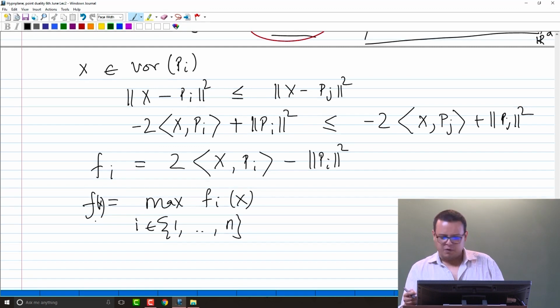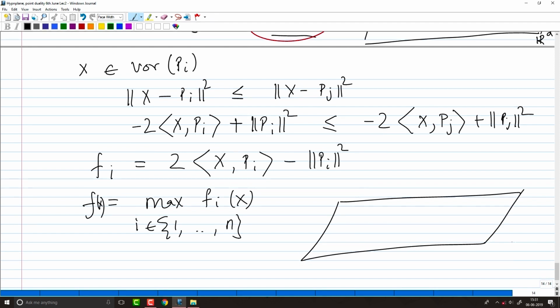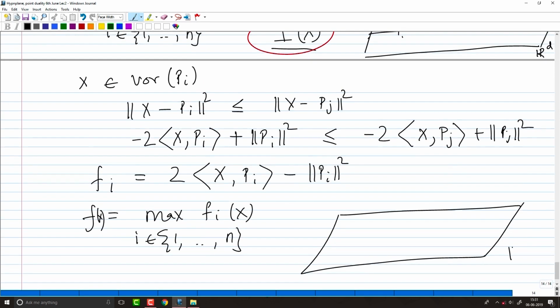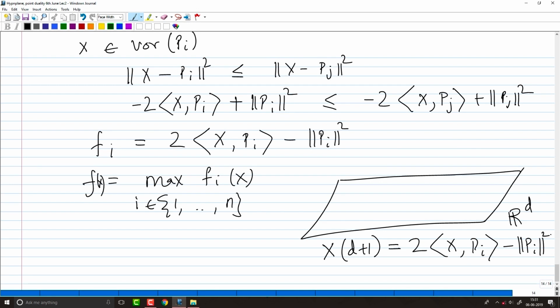These will be hyperplanes. So let's say you are in this R^d, and you have defined x_{d+1}. Let me define it properly. So x_{d+1} is equal to 2 times x·p_i minus ||p_i||^2.